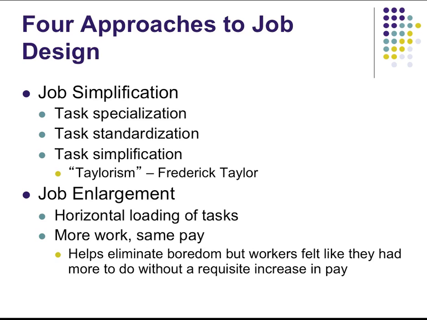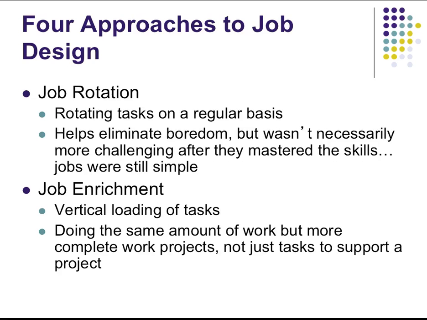Job enlargement is where you basically are doing a lot of simple tasks, except that the problem with doing a lot of simple tasks and the boredom that comes with it is now you have a lot of tasks that bore you as opposed to one task that bores you. Lastly, we have job rotation, which is where we have simple jobs, but they're rotated. So at least we're removing some of the boredom, but people don't necessarily get paid more for expanding their skills. And the jobs are still fairly simple, so they may not be very enriching to the individual.